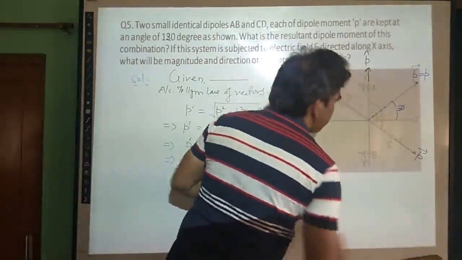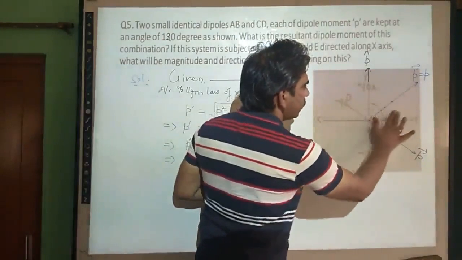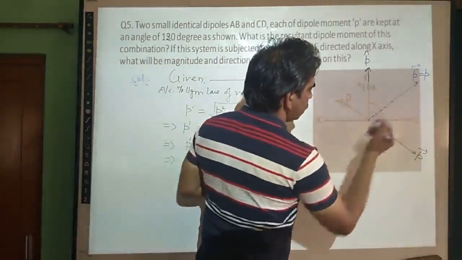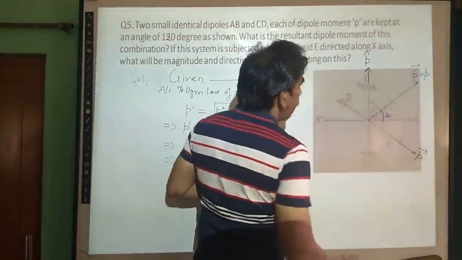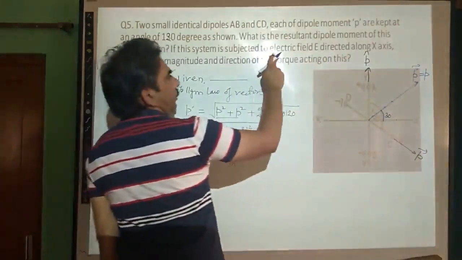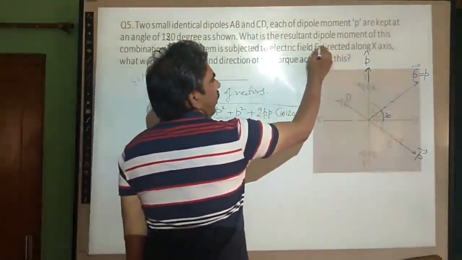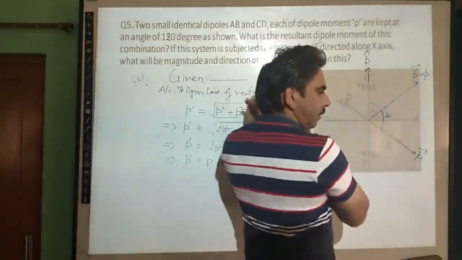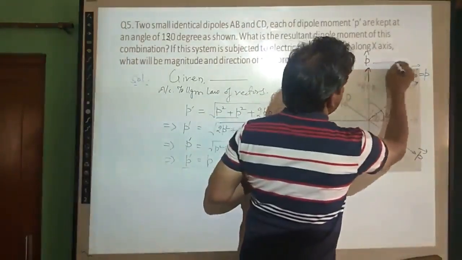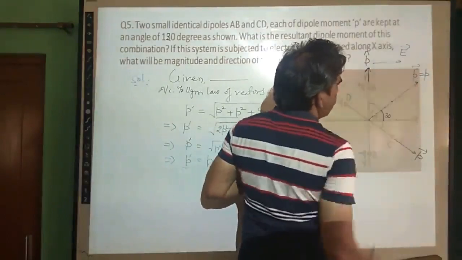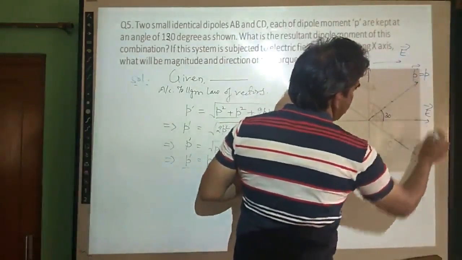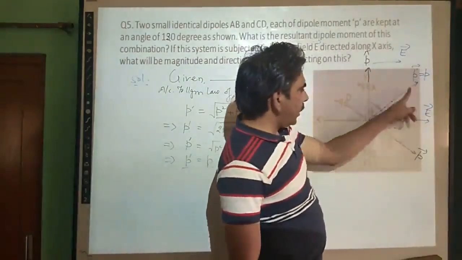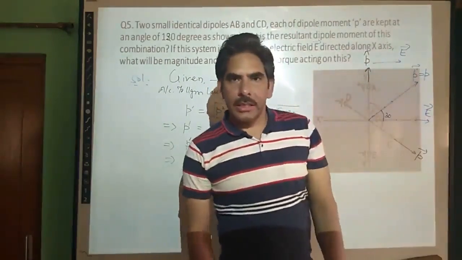So this is the situation we are left with. According to the question, the electric field is directed along the x-axis, and it is making an angle theta with the resultant dipole.